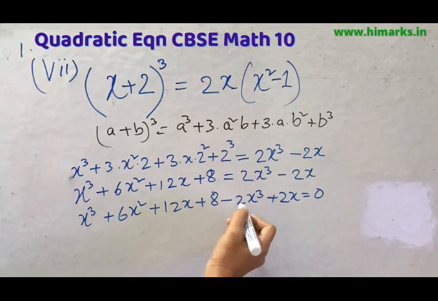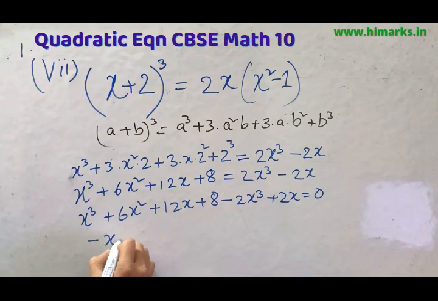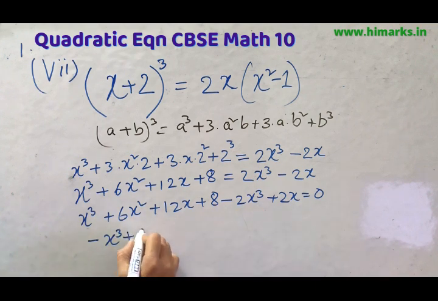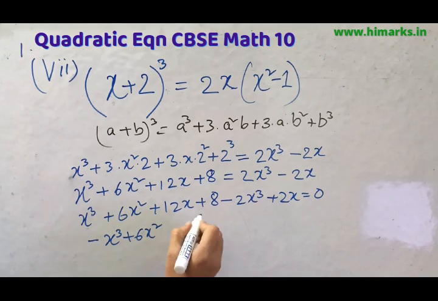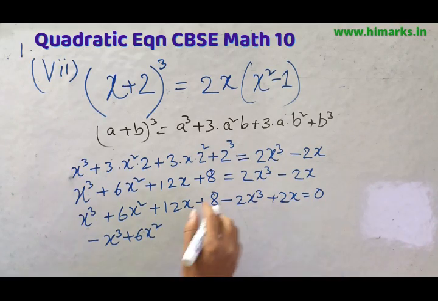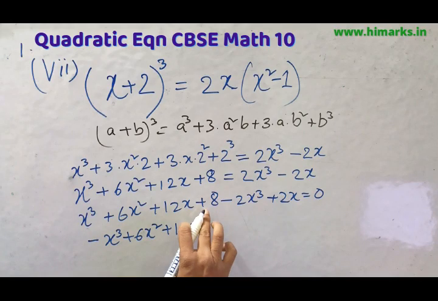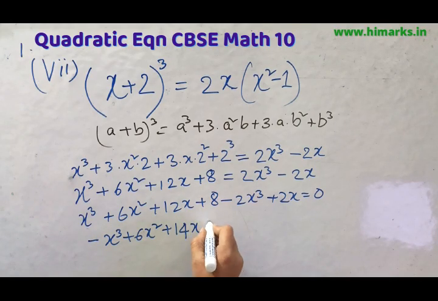So now x cube and minus 2x cube is minus 1x cube, 6x square, that is the only x square term here, 12x and plus 2x is 14x and plus 8.